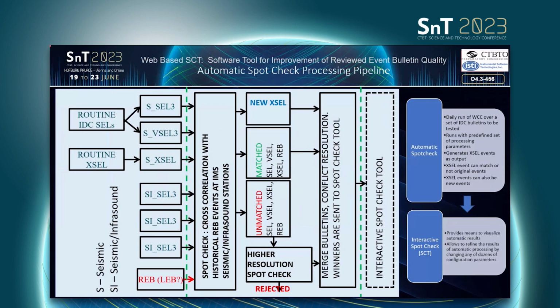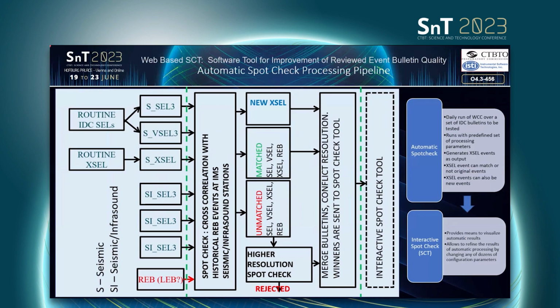Now, it's very difficult without pointing, but this is the diagram of how things work. You can see that we start with the existing bulletins. We do this cross-correlation, then we have some options of matching the event, not matching the event, or rejecting the event.